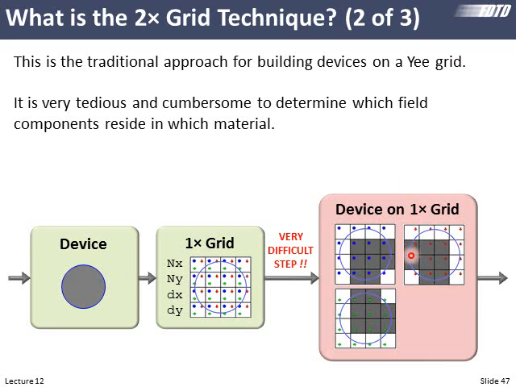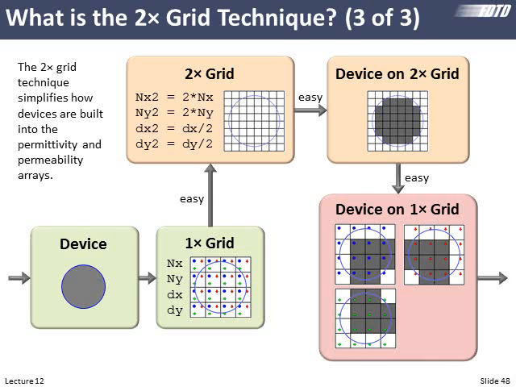That is the utility of this 2x grid, because this is a very difficult step if we don't do anything. So what's the alternative? Let's not go straight here. Let's go from our 1x grid. Let's calculate a grid with twice the resolution, twice as many points, but still representing the same physical amount of space. Then forget everything about a Yee grid. Just build our device, one device on one grid.